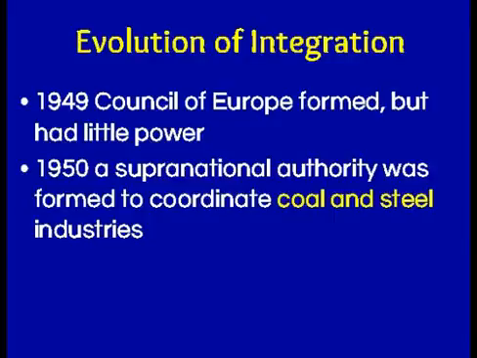But before we get to that, in 1949, we see the Council of Europe, which is one of the early predecessors to some of the institutions that exist as part of the European Union now. It was seen as a body that could eventually be some form of provisional government, but it really didn't have any power.